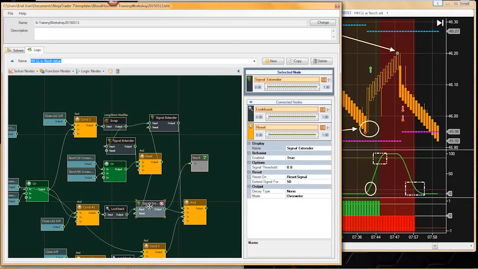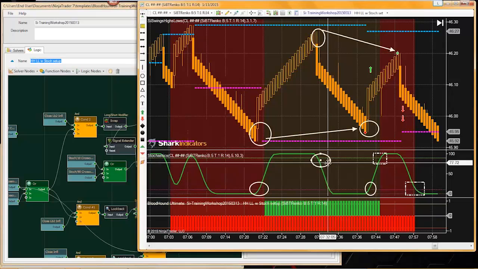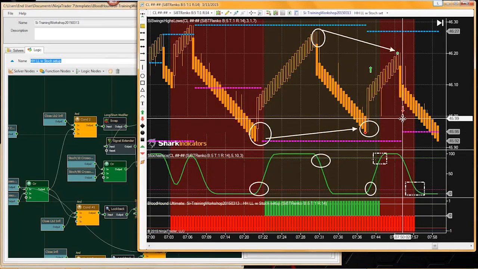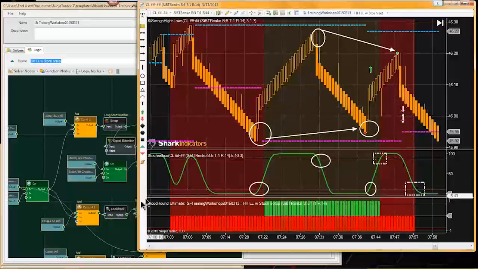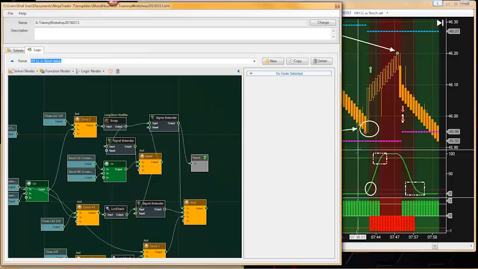The signal extender is taking condition 1 for the short side, for the short trade, shifting it forward enough until we get to condition 3. All right, so let's take a look at condition 2.